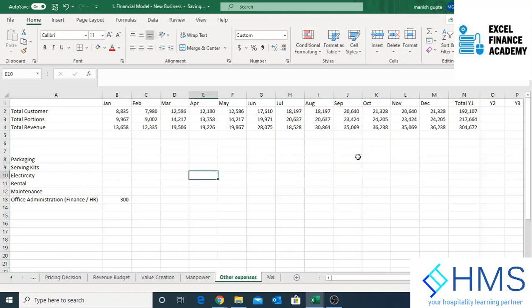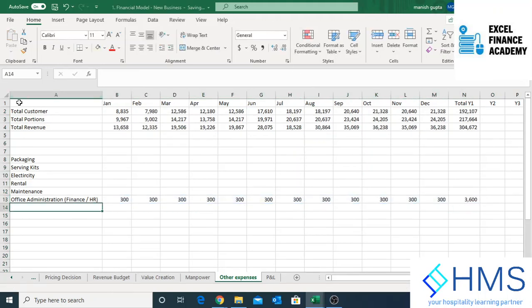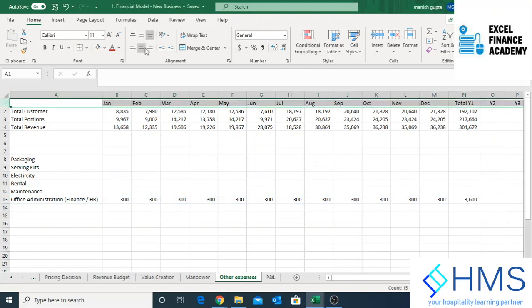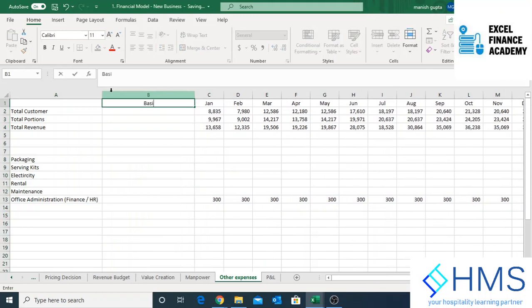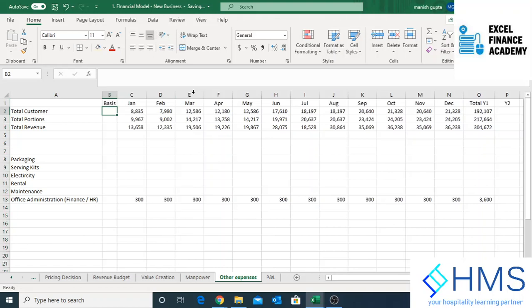So some cost will be fixed, so you can do the color coding for them, which one is fixed and which one is variable. Or the better way is to identify by having a column here, basis, correct? So you can simply say it's a basic contract.